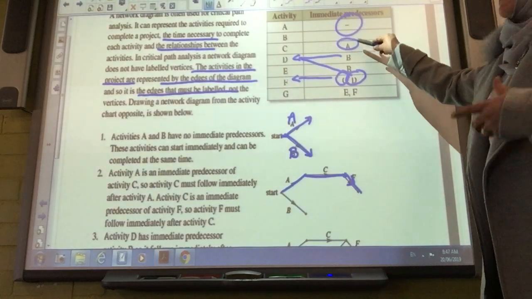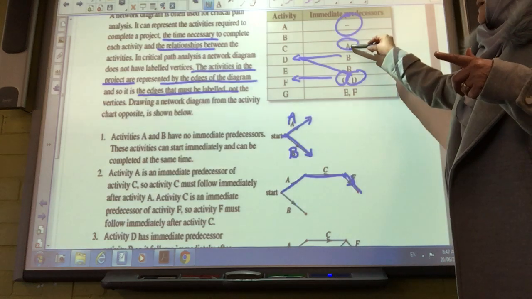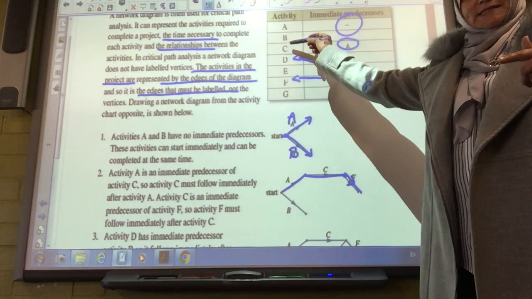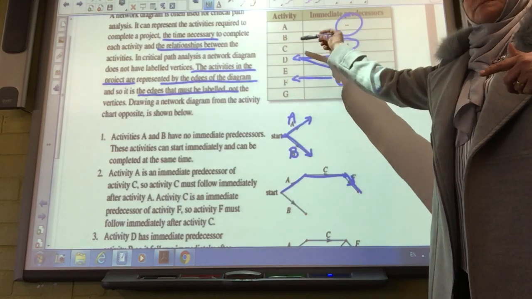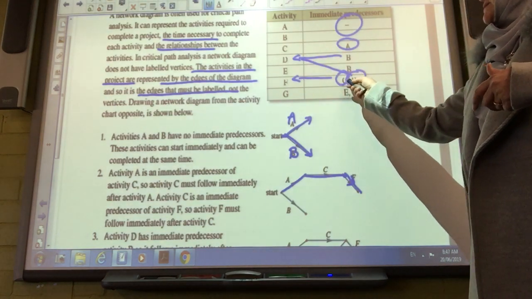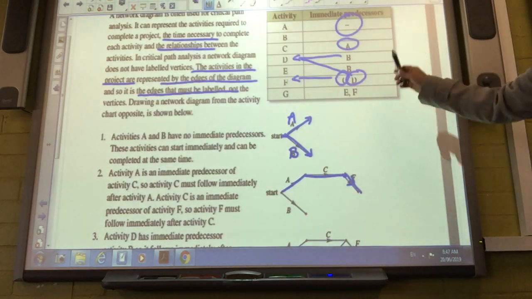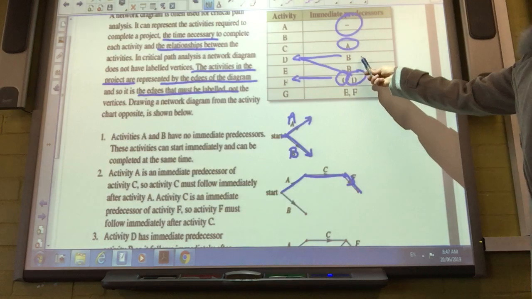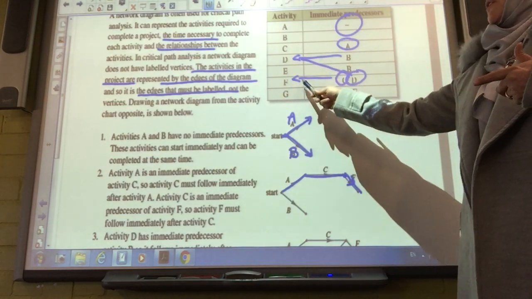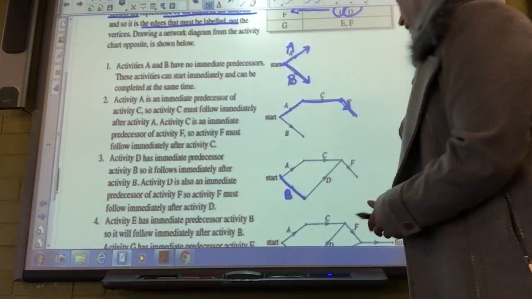So we started with A and B, I repeat. Then we looked at A and B, the ones we started. Then we looked at A is a predecessor of C, so we draw the edge C. After that, we looked at C and saw that C is a predecessor of F. Now we went back to B. B is a predecessor of D, and D is a predecessor of F. That gave us the clue.